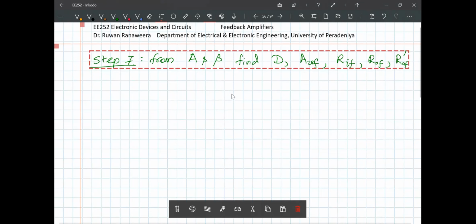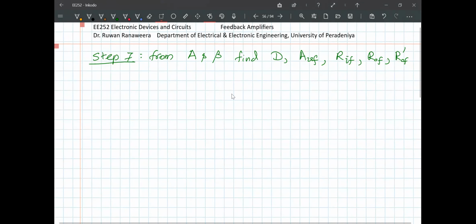Now we know all this. The next lecture I will be taking on EE251, so please remain with me. I will complete this and go to that lecture. So no hurry.